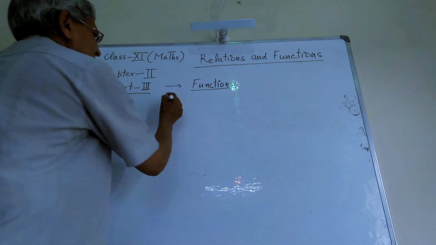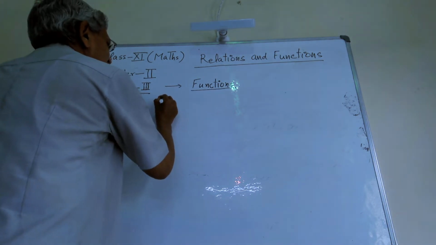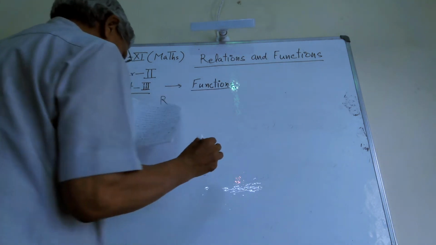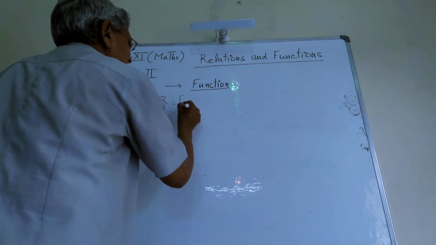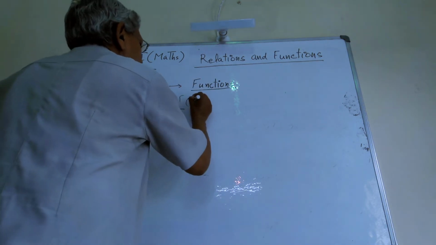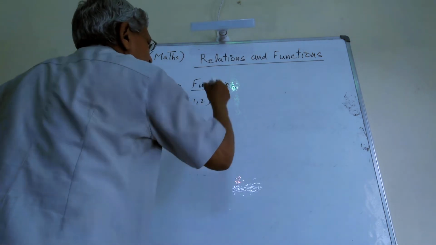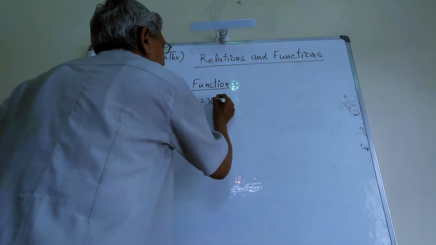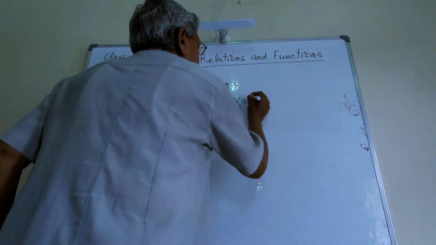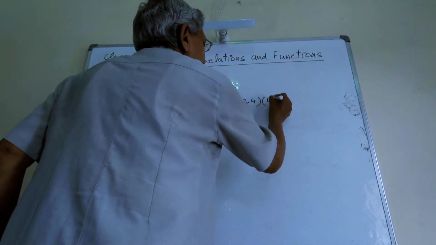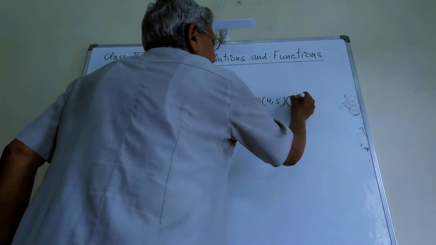There is a relation. R is a relation. I am writing this relation: (1, 2), (2, 3), (3, 4), (4, 5), (5, 6).